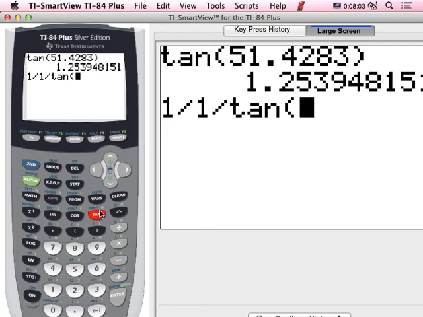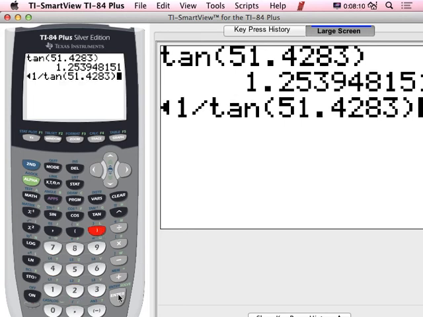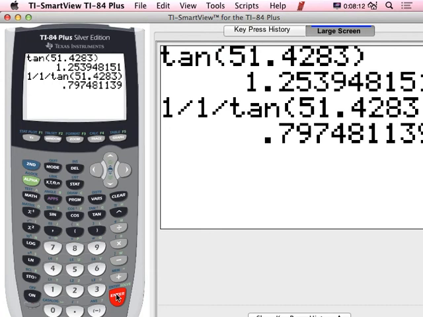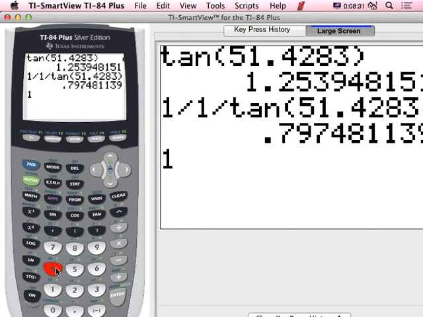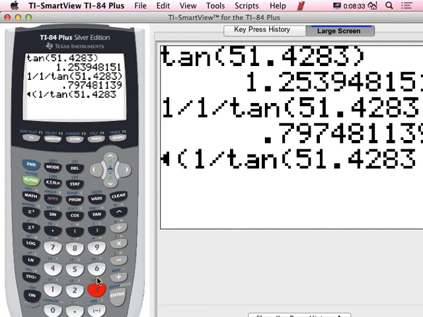Ooh, what did I do wrong? Does anybody know? You didn't put it in parentheses? I didn't put it in parentheses. Yeah, that's the trouble when you try to type it in like that. You have to say 1 divided by 1 over tangent of 51.4283. If you use the fraction menu, it should work better.